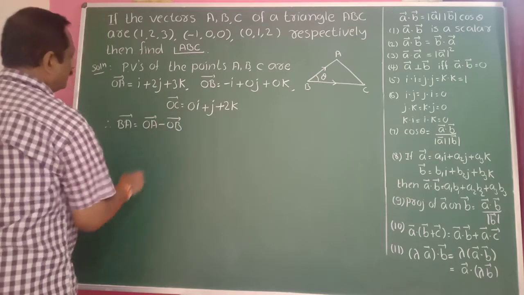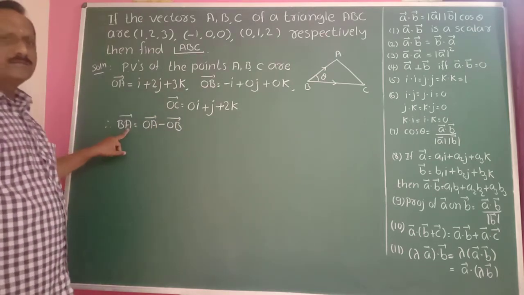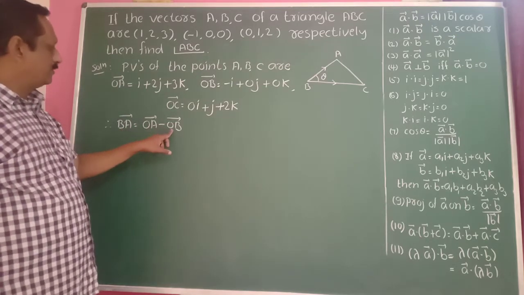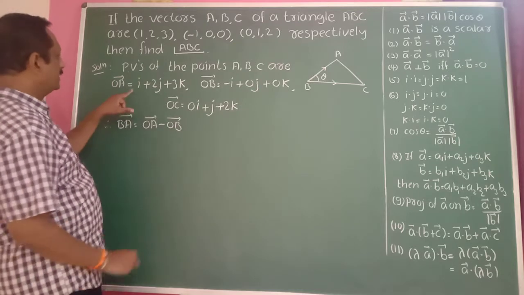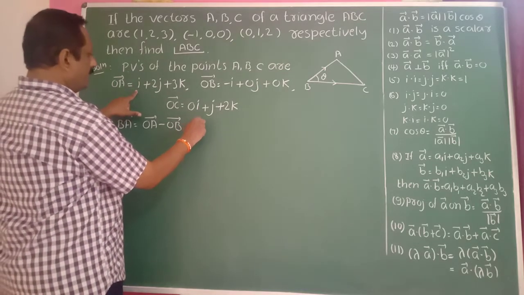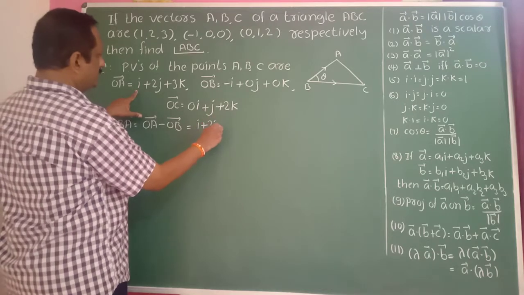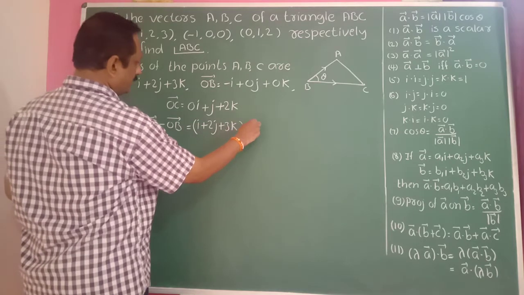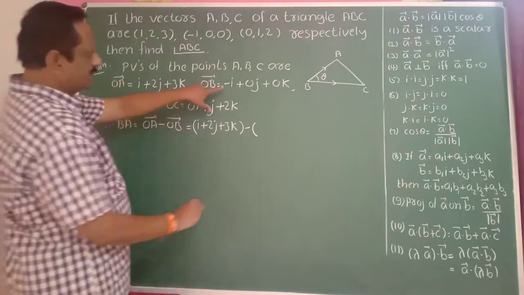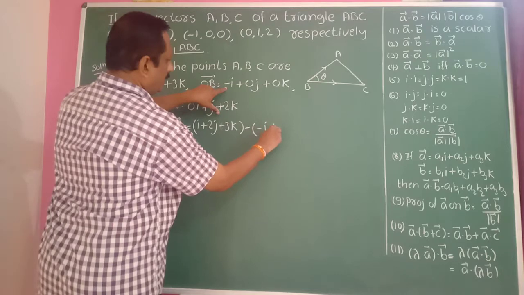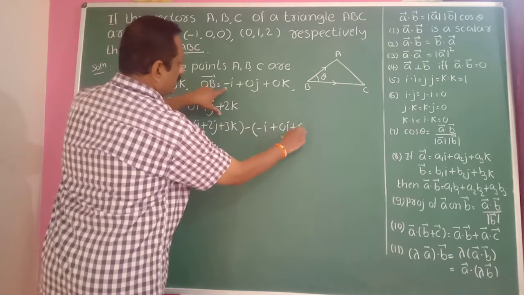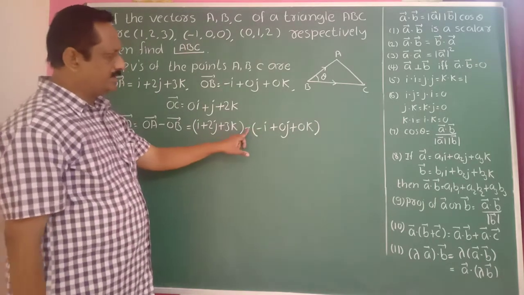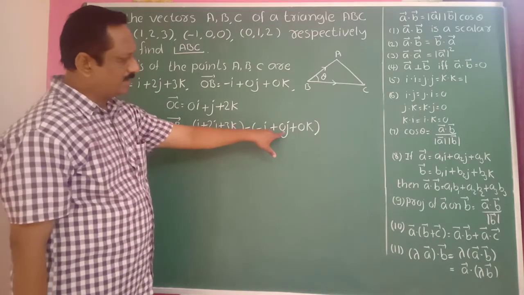First take the position vector of the point A, OA, minus the position vector of the point B. The vector OA is i plus 2j plus 3k, minus the vector OB, which is minus i plus 0j plus 0k. Take a minus inside. Minus into minus becomes a plus, and these two are zeros.